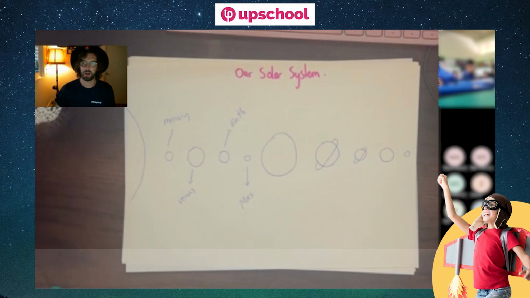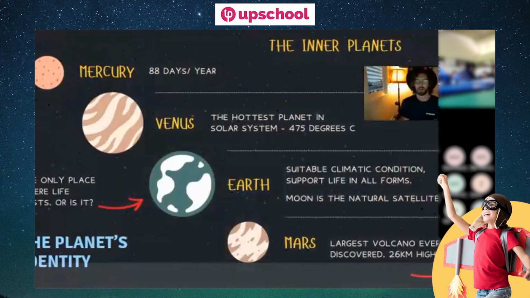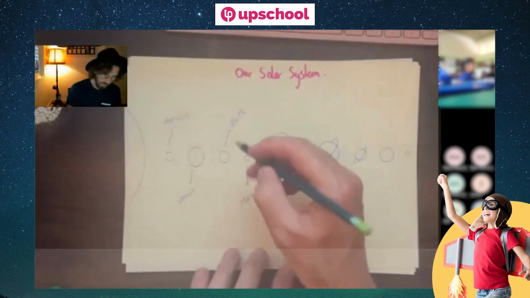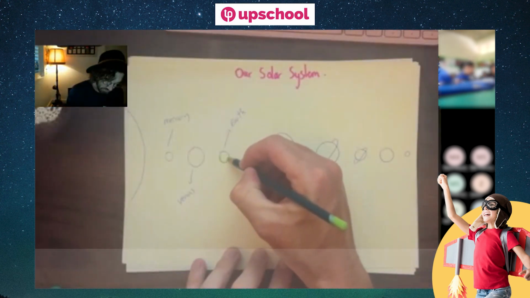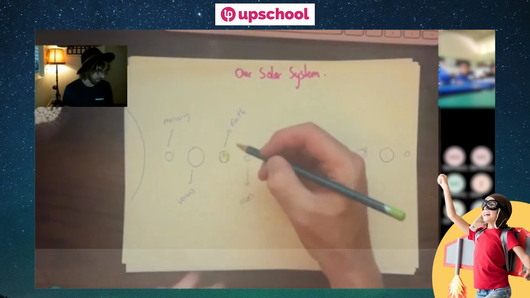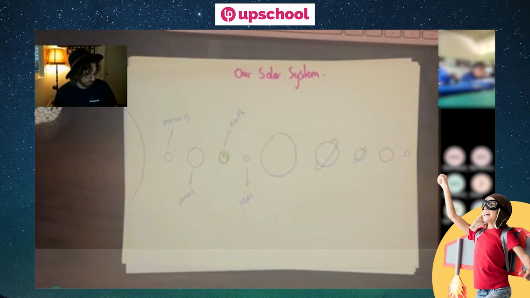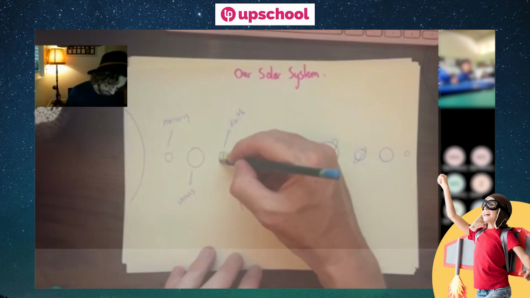Let's go back to my overhead. Let me tell you a little bit about each planet. And what I would like you to do, while I'm talking about these planets, I'd love you to give them a bit of color. So let's have a look at my diagram here. While I'm talking about Earth, it's a good idea to give Earth a little bit of color, guys. If you've got a color in your hand and you can do this, that would be super.